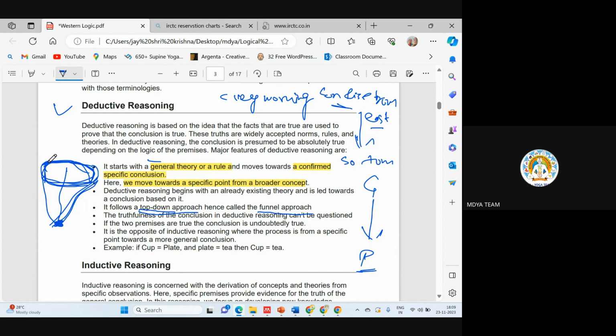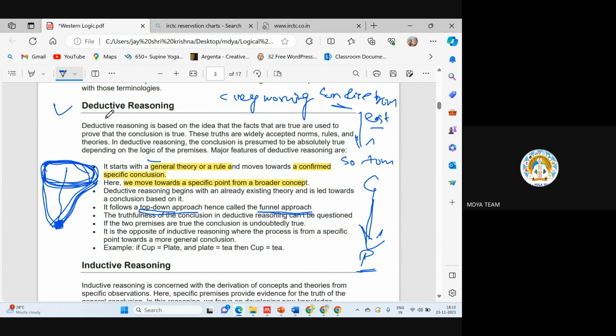So we are moving from a broader concept to a specific concept, and it's looking like a funnel. So this is also known as funnel approach. And because we are moving from general to particular, a theory to its specific application, that's why it is also known as top down approach.